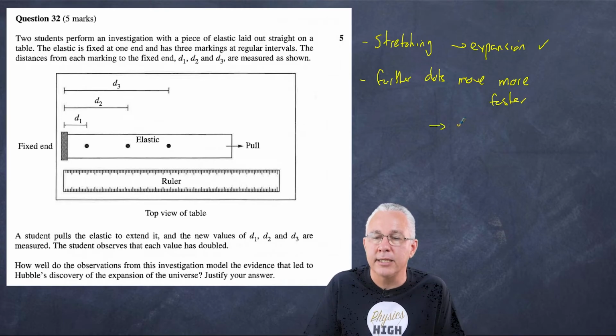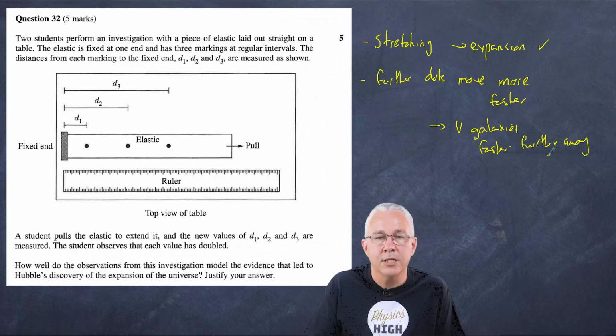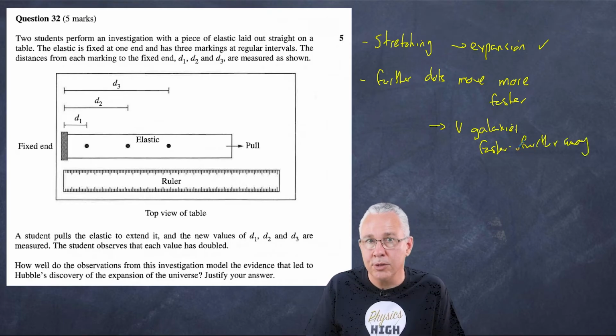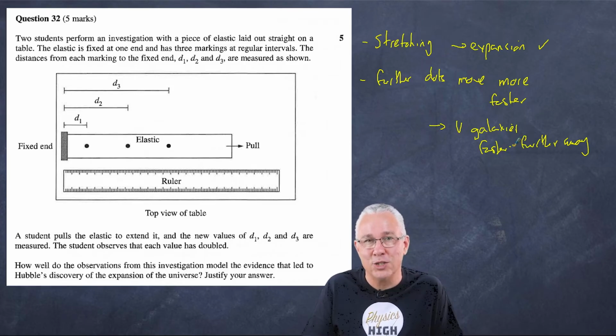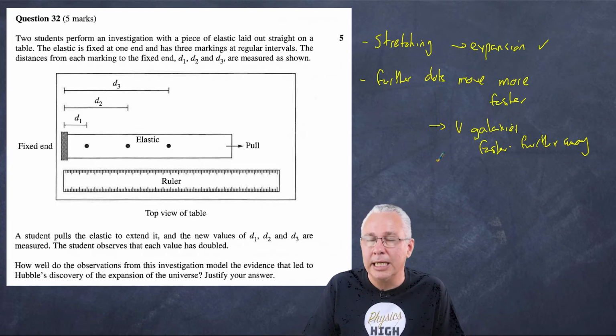The idea is that the velocities of galaxies are faster further away. So again, that models Hubble's, and it's not just Hubble by the way, but there have been other scientists who discussed this around the same time. But you clearly have a relationship here that further distance galaxies are moving faster, and we see that via the redshift.